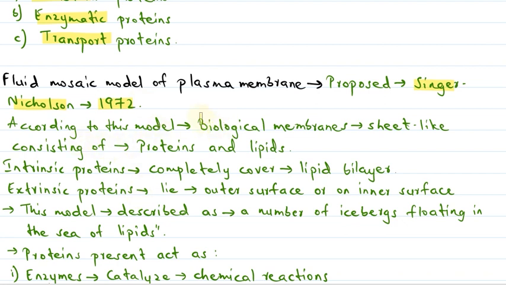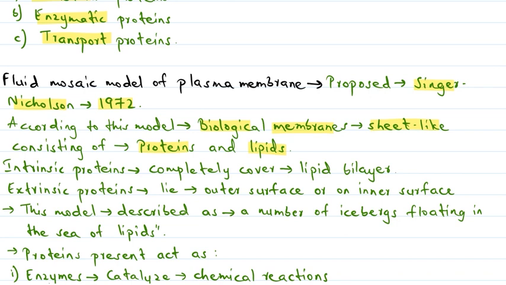According to this model, biological membranes are sheet-like structures that consist of proteins and lipids. The lipids are arranged in two layers, approximately 60 to 100 angstrom in thickness, and the proteins are scattered throughout this bilayer, and they perform most of the membrane functions.